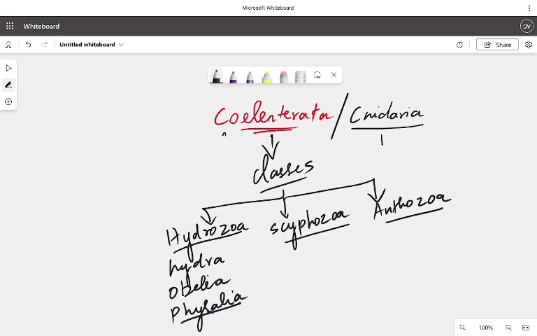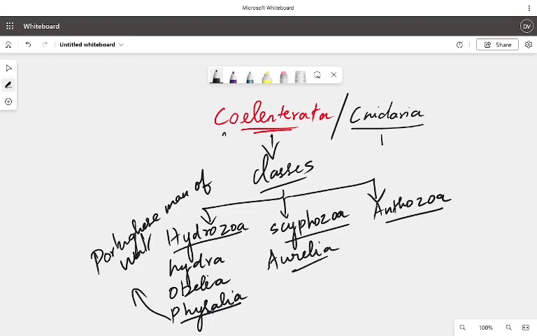Physalia, we call it Portuguese man of war, which will be like a Portuguese man who's ready for war. It will be like a Portuguese man wearing a big hat and all. So it will look like that. And then Scyphozoa, Aurelia, that is the jellyfish. And for Anthozoa, you can write Gorgonia.